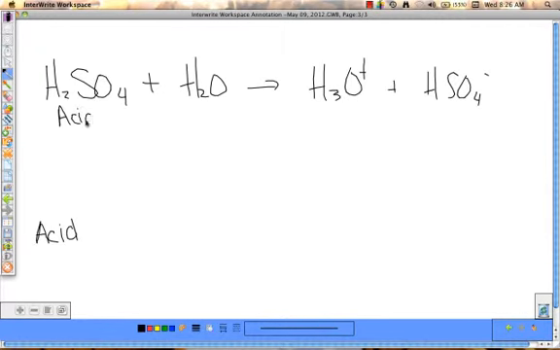All right, so this is our acid, and acids donate protons. So it started out as H2SO4, it ended as HSO4-, so it has lost a proton. So this reactant donated a proton.